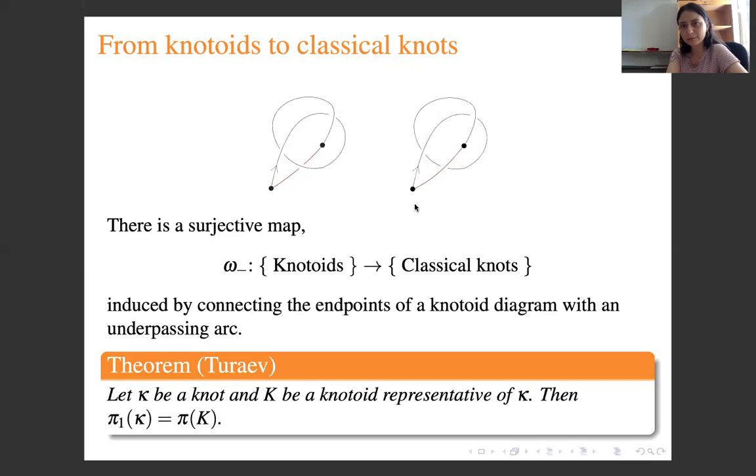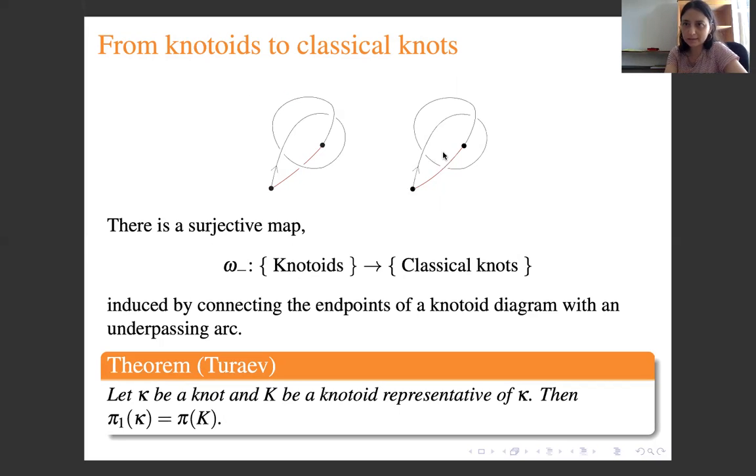And in the second example, we tie the endpoints with an overpassing arc. And we see that the resulting diagrams represent different knots. Actually, this is representing a trefoil knot, and this is representing the unknot. We have an available Reidemeister 2 move here, and then we will be left with the Reidemeister 1 move available to undo the diagram.